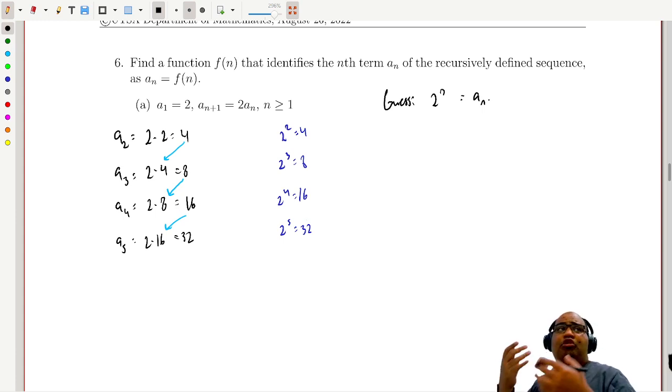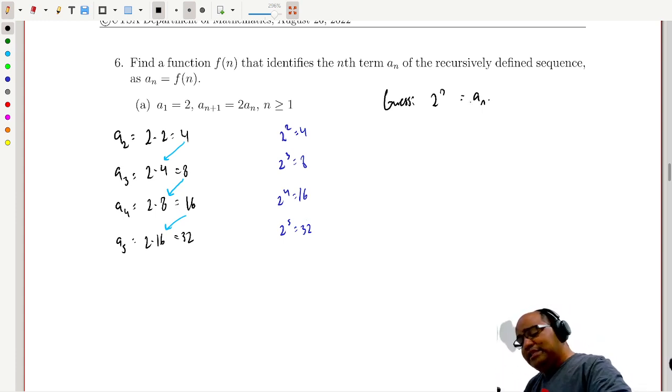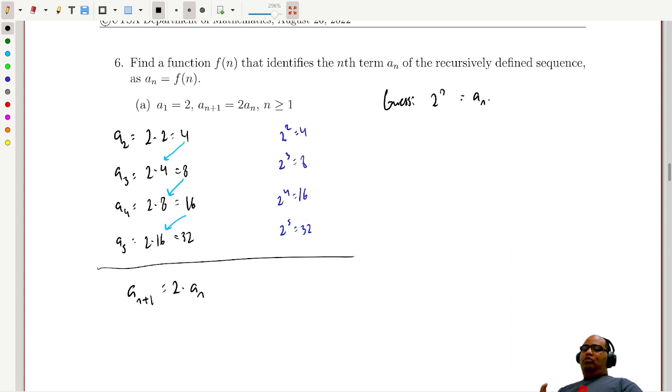Now, you can also do this another way by this process called unfolding. Let's try to imagine this. Let's say I write down my general rule here: a_{n+1} equals 2 times a_n. Let's say I want to go down another step. How do I do that?